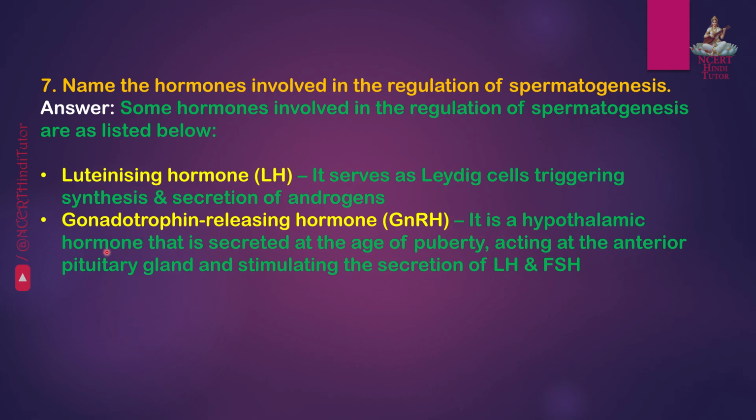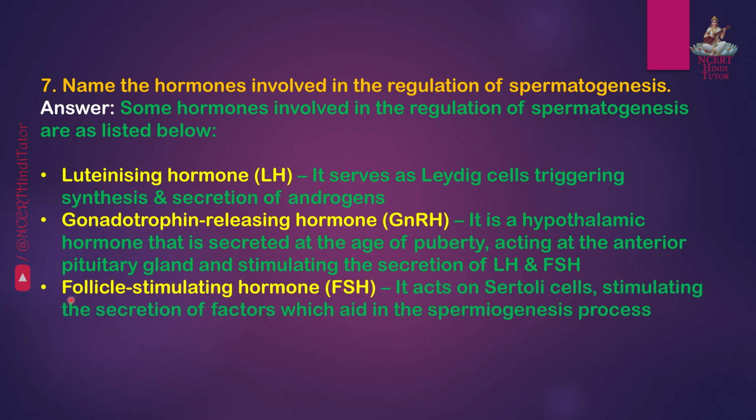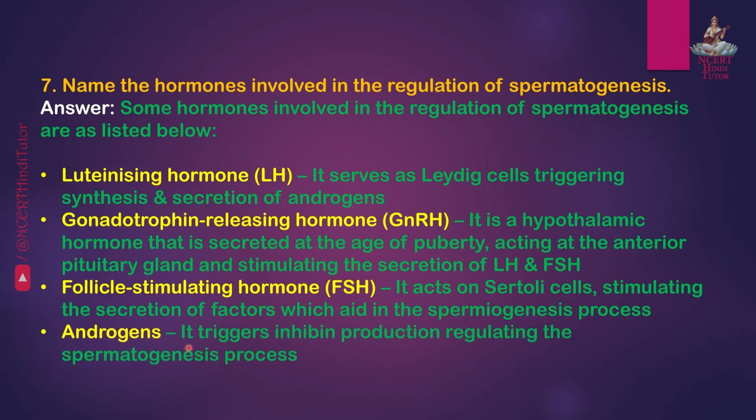It is a hypothalamic hormone that is secreted at the age of puberty, acting at the anterior pituitary gland and stimulating the secretion of LH and FSH. Next, follicle stimulating hormone, FSH. It acts on Sertoli cells, stimulating the secretion of factors which aid in the spermiogenesis process. Next, androgens. They trigger inhibin production, regulating the spermatogenesis process.